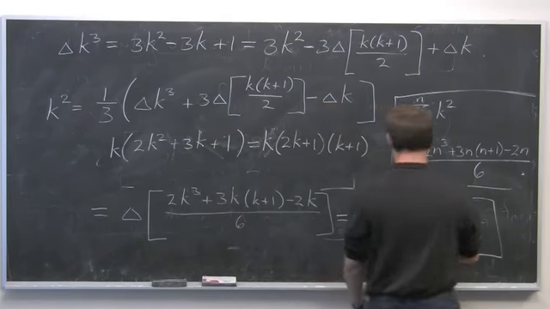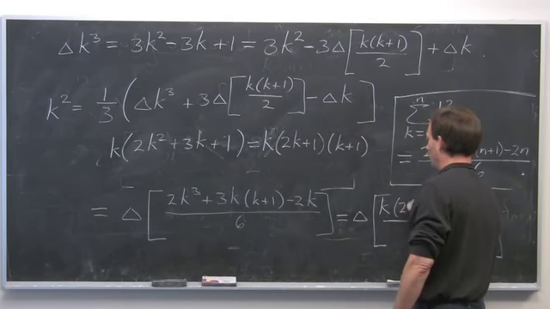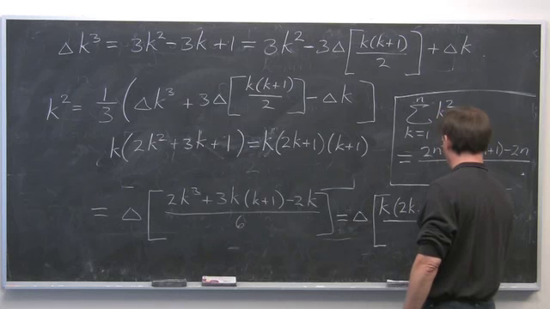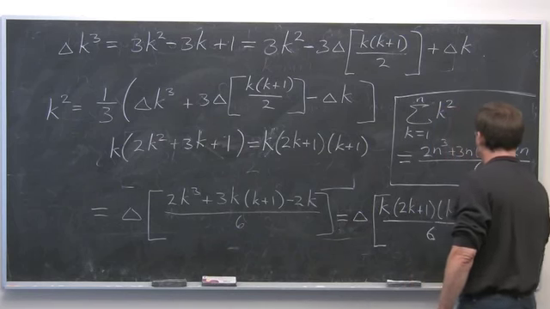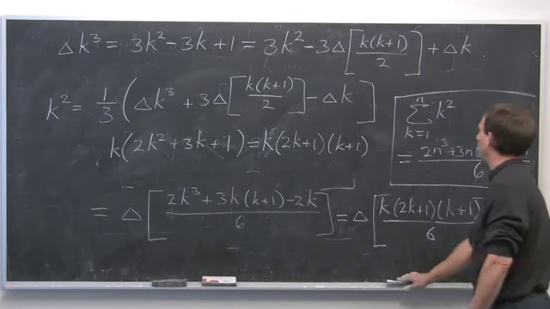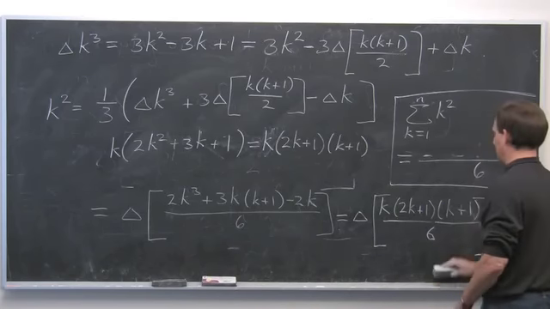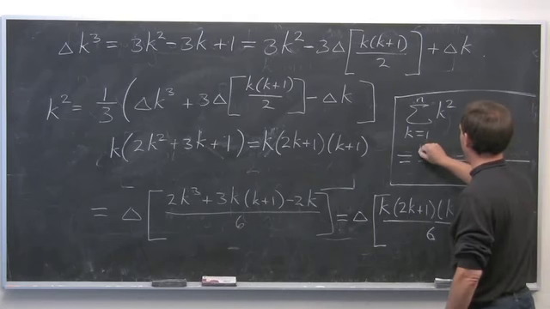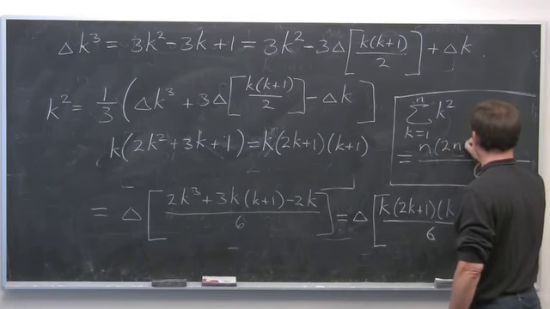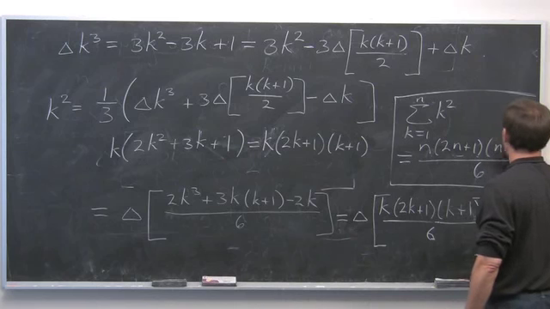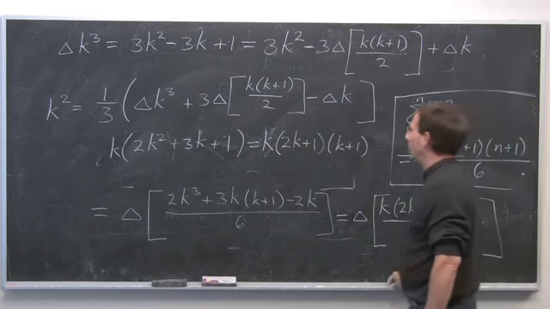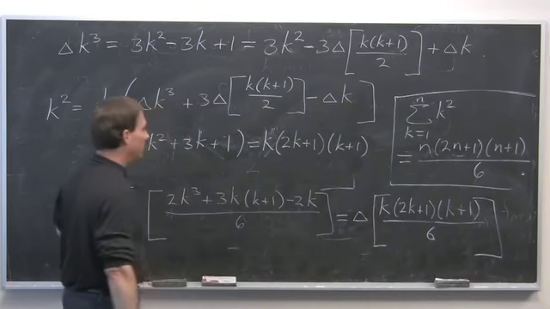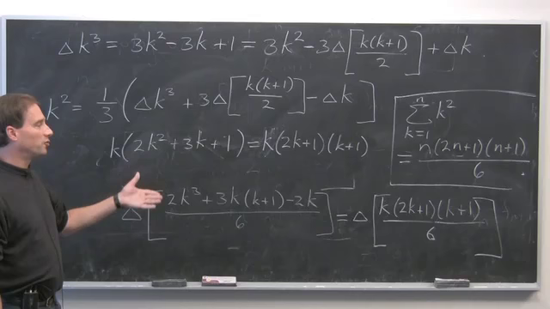Yes, that's what I get for skipping steps. 2k plus 1 times k plus 1. And up here, you could write this most nicely in that form: n over 2n plus 1 times n plus 1. Okay. So you get that non-trivial formula.